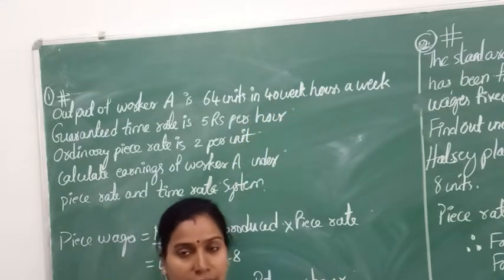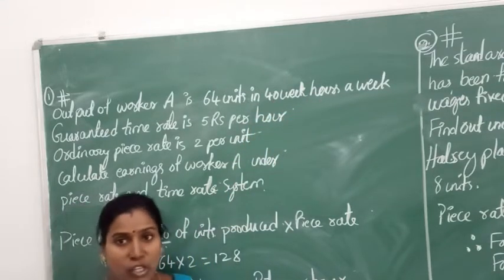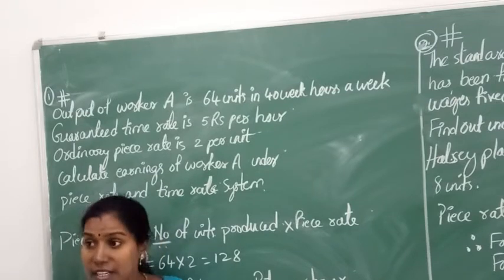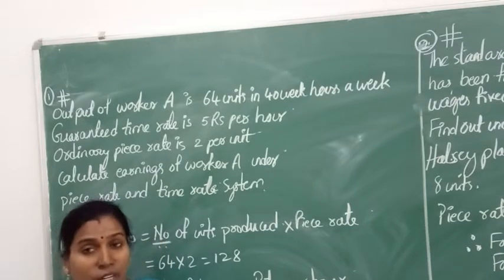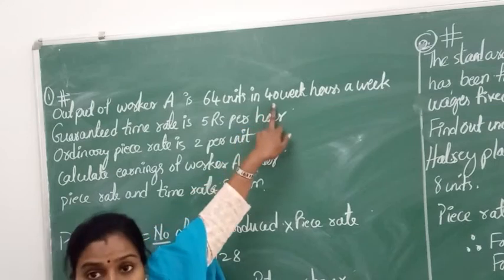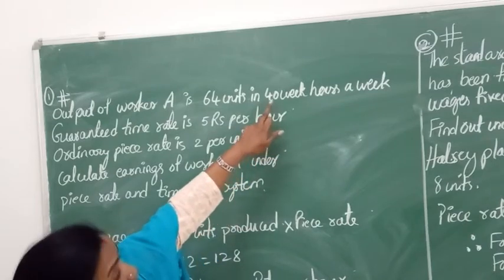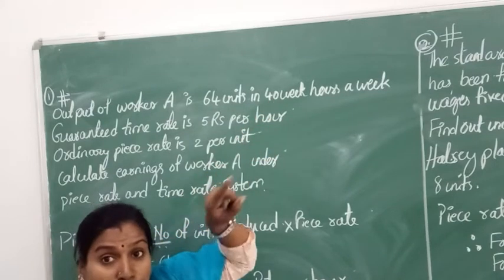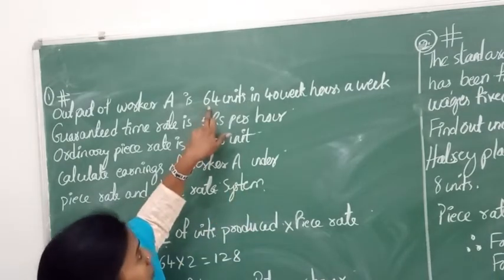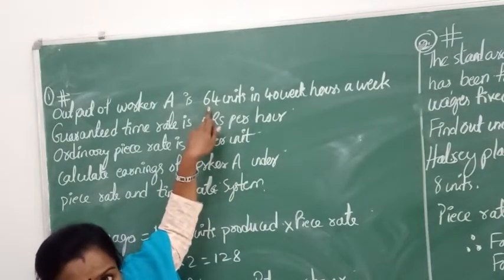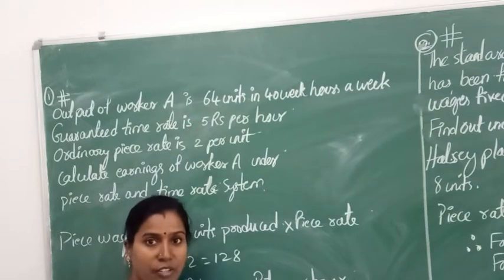In 1 week, which means how many days? 7 days. In those days, how many hours is he working? He is working for 40 hours. In these 40 hours, how many units is he producing? He is producing 64 units. The first point is clear to everyone, I think.